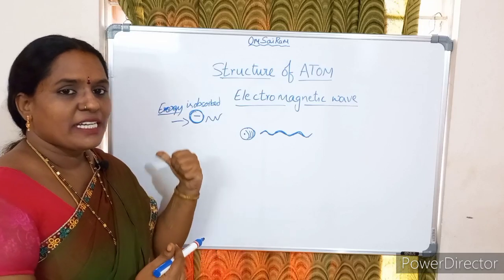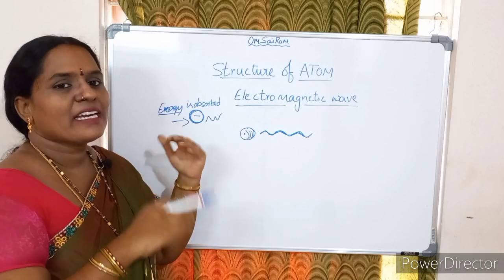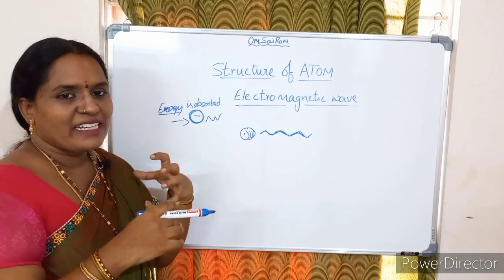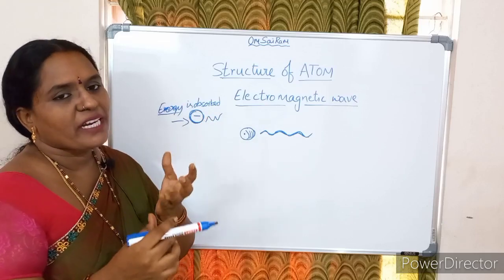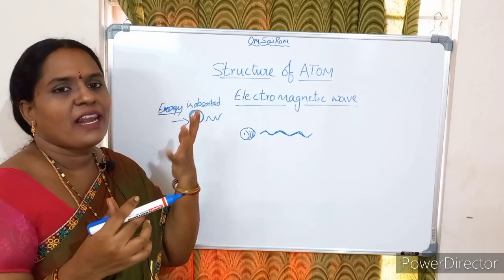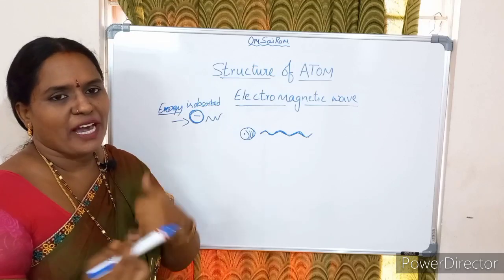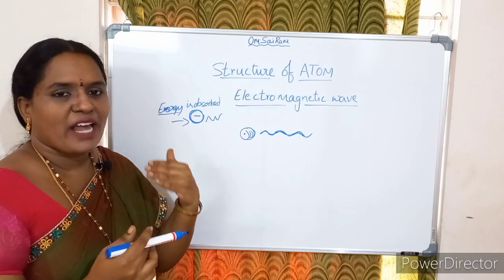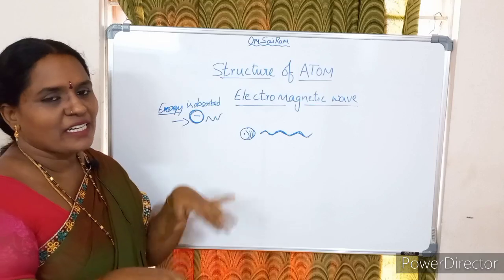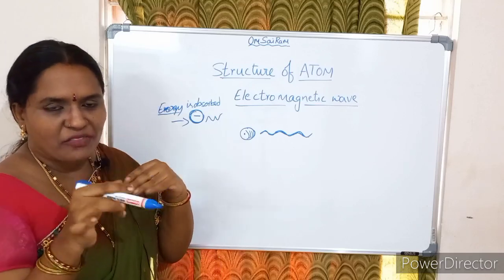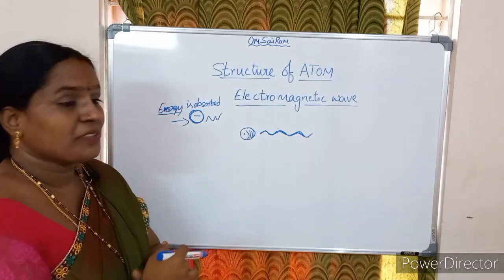When the energy is absorbed by those charged particles present in the sun, they create vibration in the electric and magnetic fields, which propagates in the form of light, that is an electromagnetic wave, that reaches the earth. The disturbance created in the sun is propagated in the form of a light wave and reaches the earth. This is the electromagnetic wave.